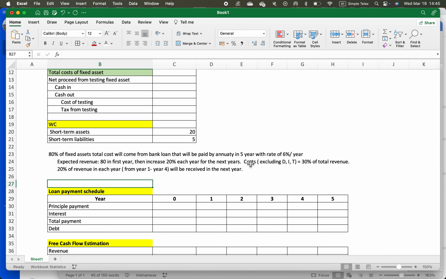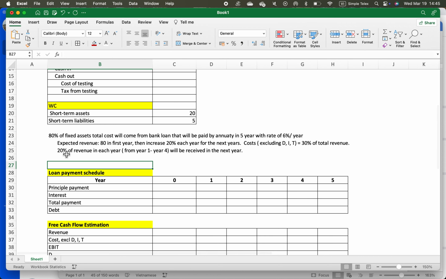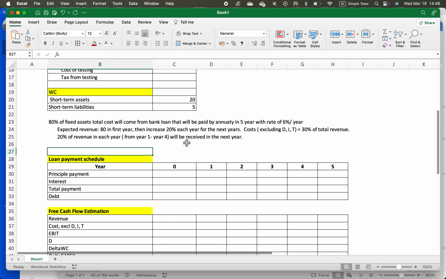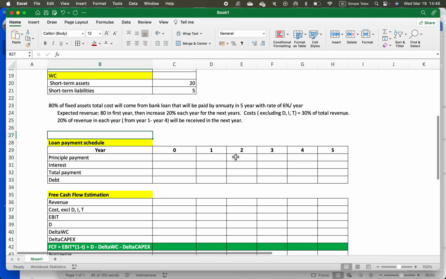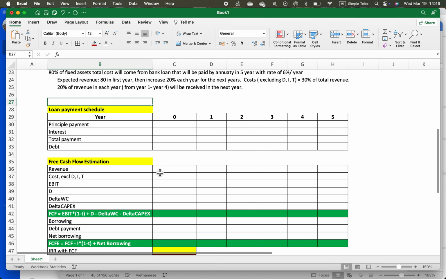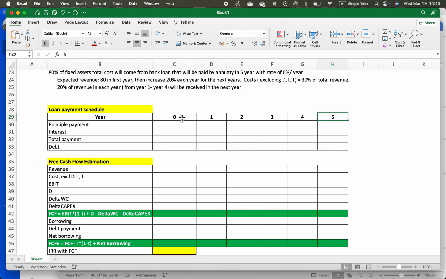The cost excluded depreciation, interest and tax is 30% of total revenue. 20% of revenue in each year from year 1 to year 4 will be received in the next year. So we'll have 5 years of the project, right? From year 0 to year 5. Okay.